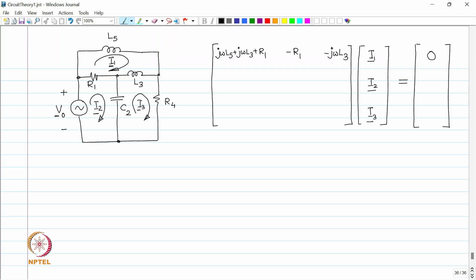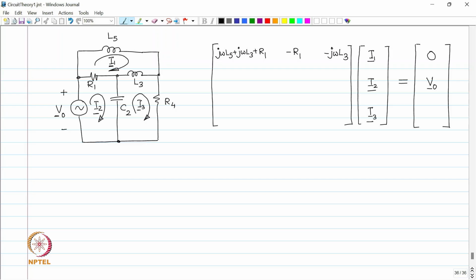Okay. Loop 2, drop across V naught is minus V naught, which goes to the right hand side and becomes plus V naught. Okay.